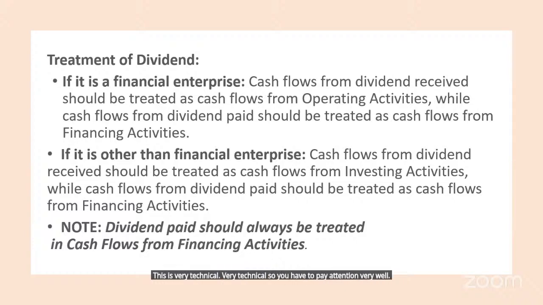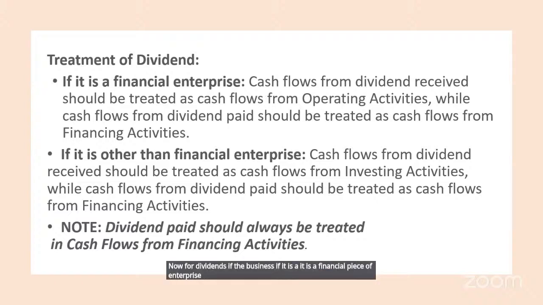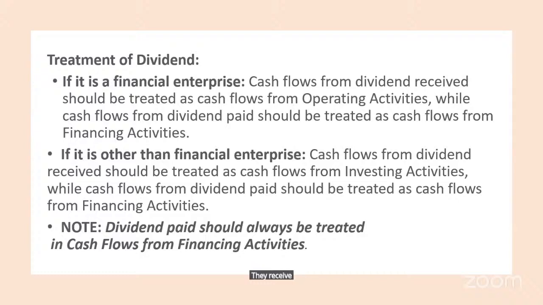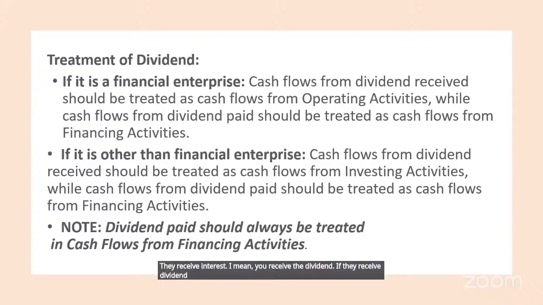Now, for dividends, if it is a financial business enterprise, we talk about banks, insurance companies, asset management and investment companies. If they receive dividend, probably they have shares in other companies, and that company pays the dividend.